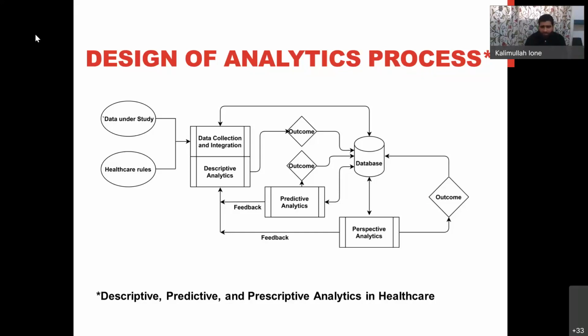Then we can collect the data, go directly to the database, and see how we can predict. Then we pass that feedback to the descriptive analytics, and then we can go for prescriptive analysis with feedback moving back, like back propagation, and similarly we will have some results at the front end.